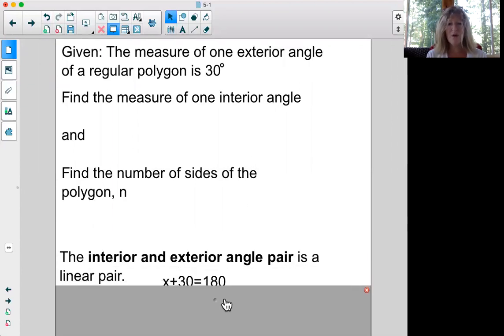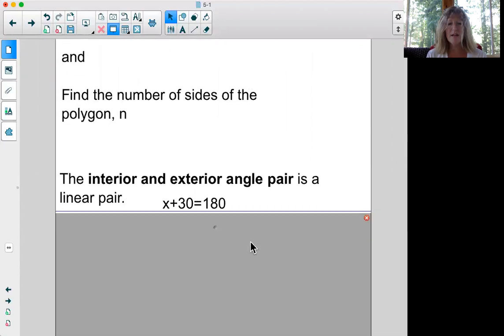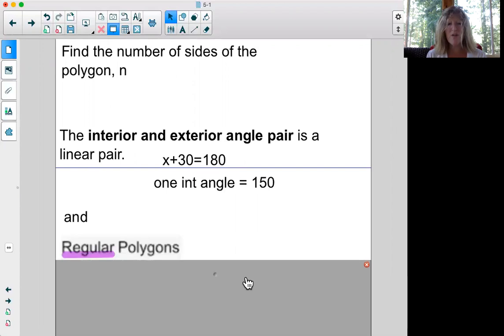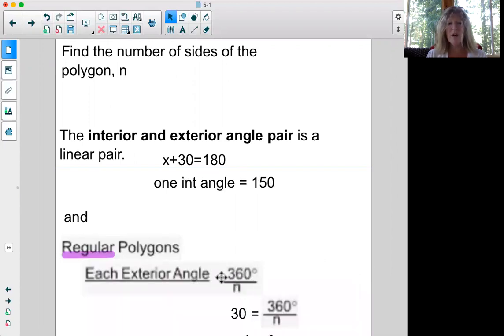And so you know that they will together add up to 180, and therefore that interior angle has to be 150 degrees.